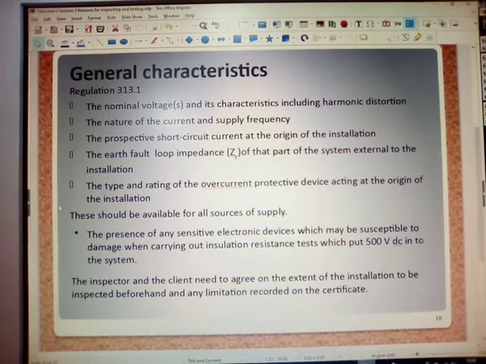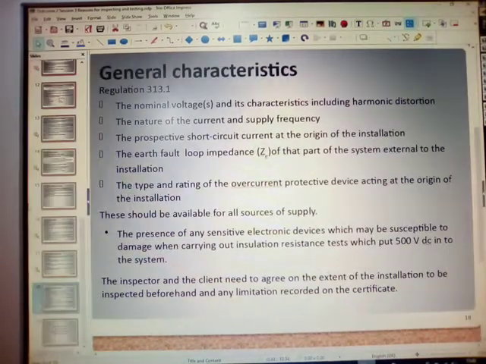And these are your general characteristics, relevance that you need to know and must be in place.